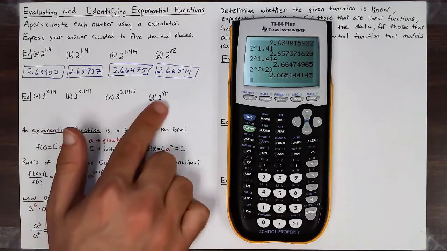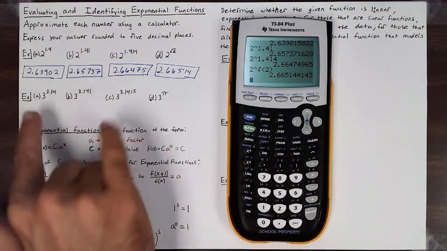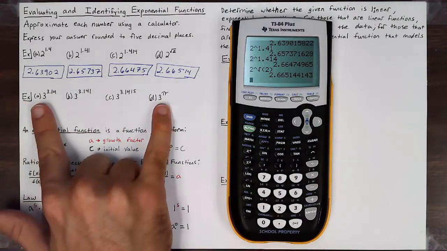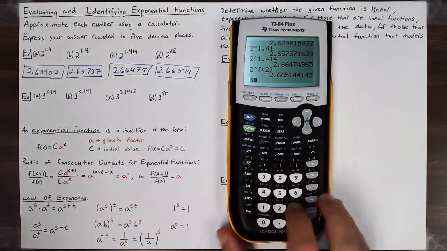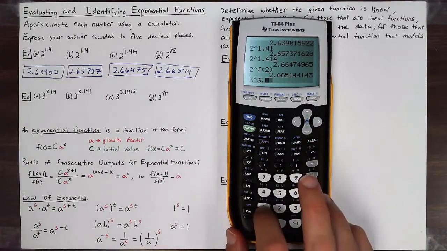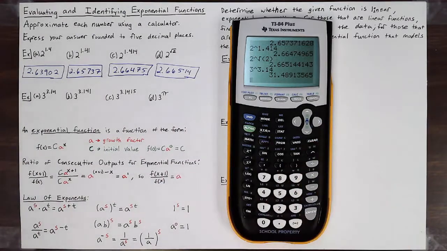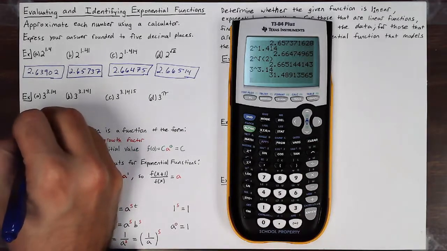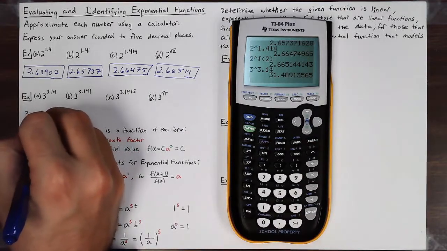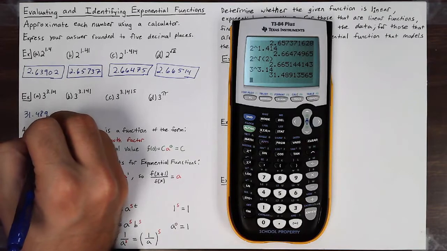So now let's look at pi. So the difference between using 3.14 and pi, let's see what happens. So let's do 3 to the 3.14 power. That gives me 31.48914.